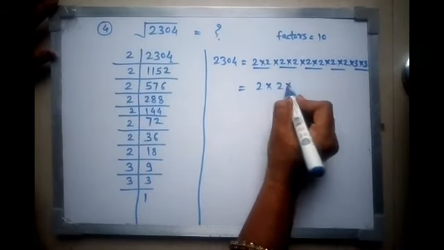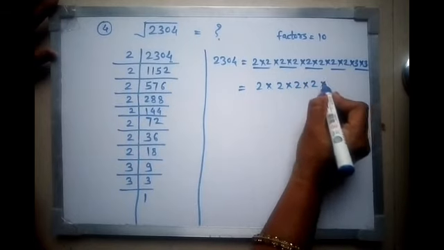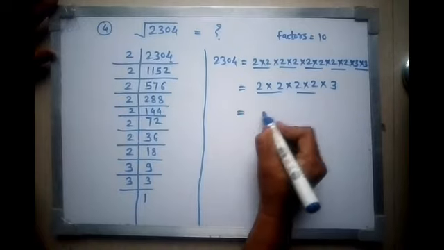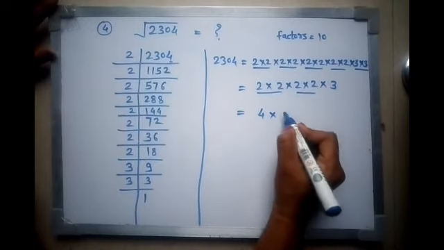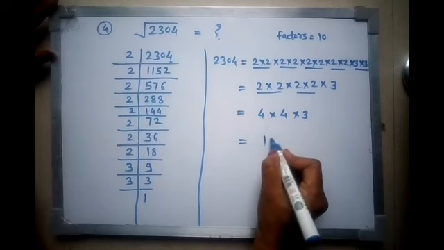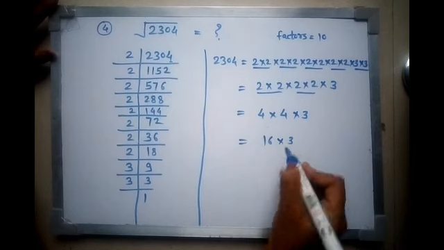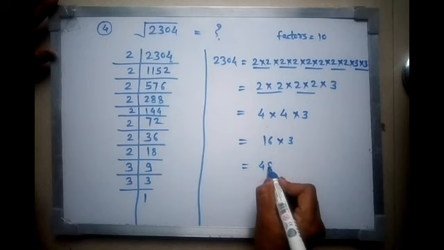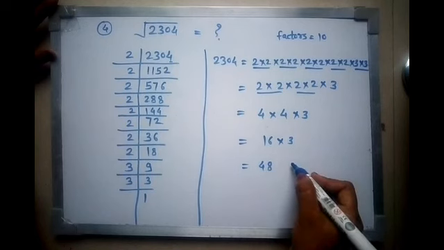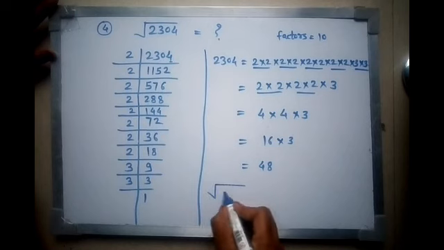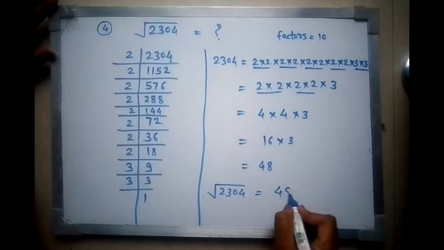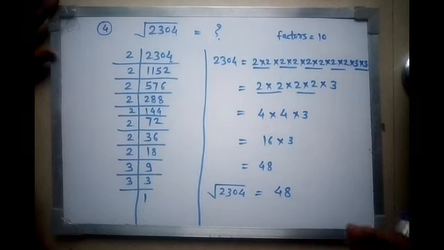Take one factor from each pair and multiply. 2 into 2 is 4, 2 into 2 is 4, into 3. 4 4s are 16, 16 3s are 48. Square root of 2304 is 48. In this way, we find the square root of a number by the factorization method.